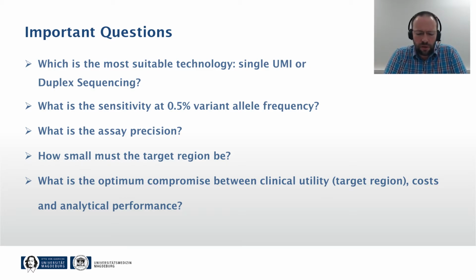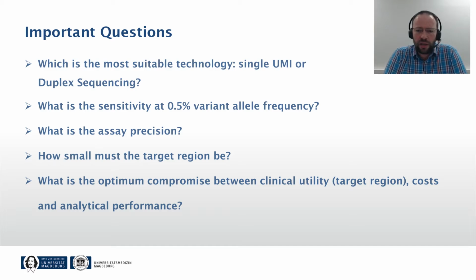So at the beginning of our approaches or studies, we asked ourselves the following very important questions. Is the single UMI technology sufficient to do this analysis, or do we need duplex sequencing? What is the sensitivity if we think of liquid biopsy, as I showed you in one of the first slides, where we want a level of detection of 0.5%? What's the precision of the assay?